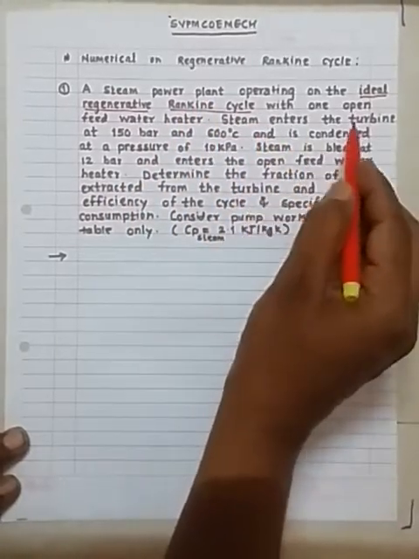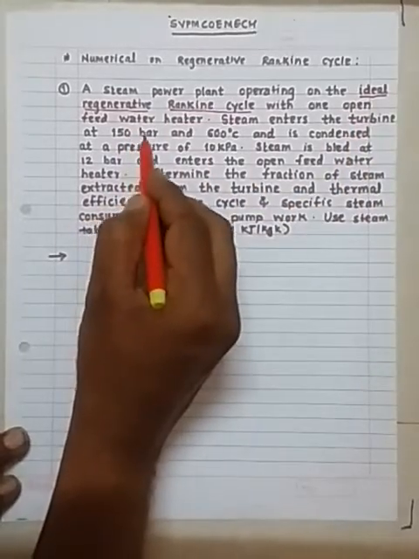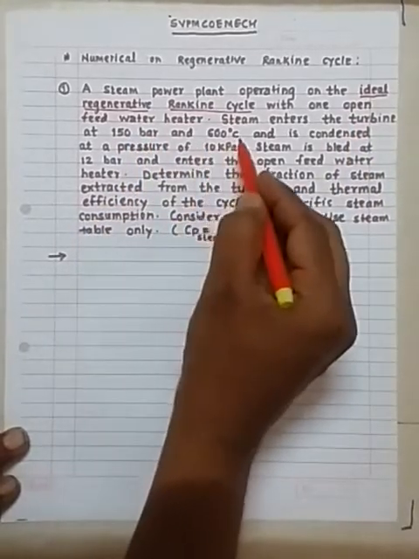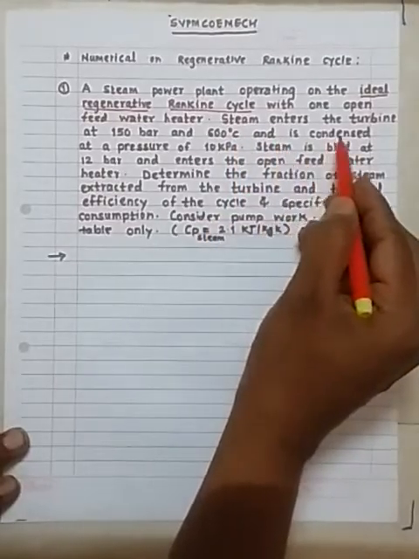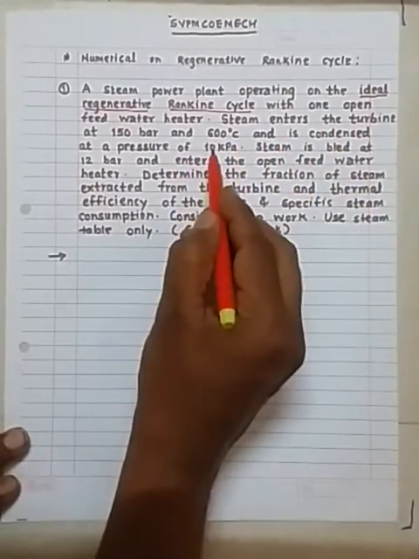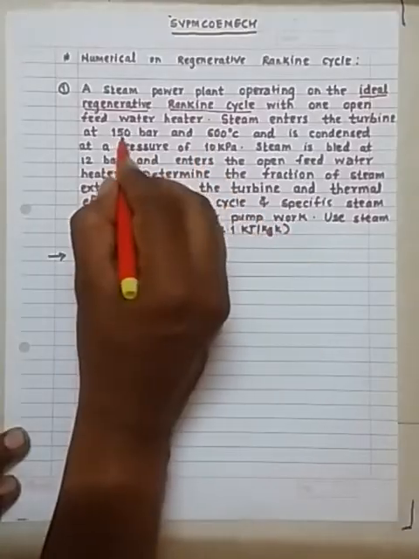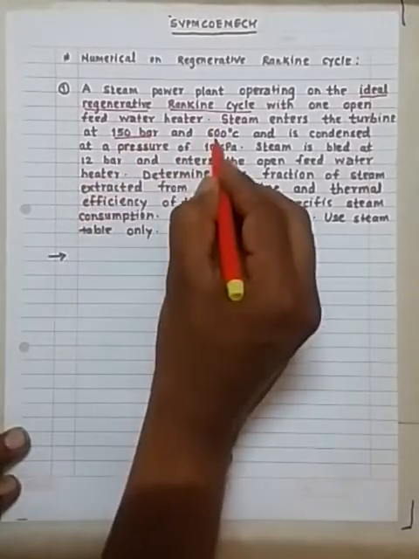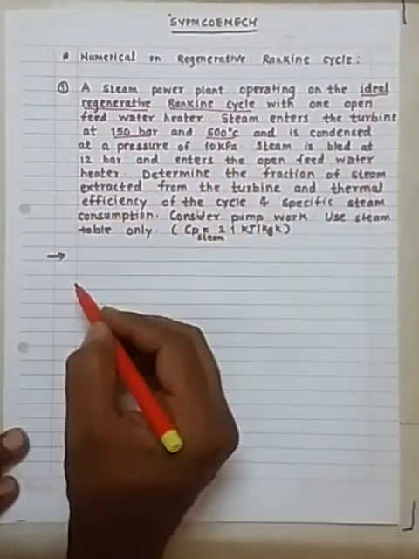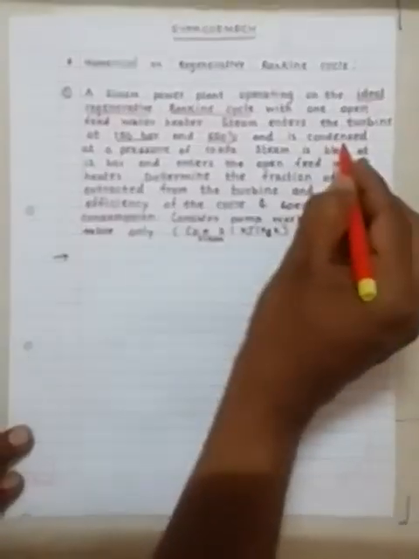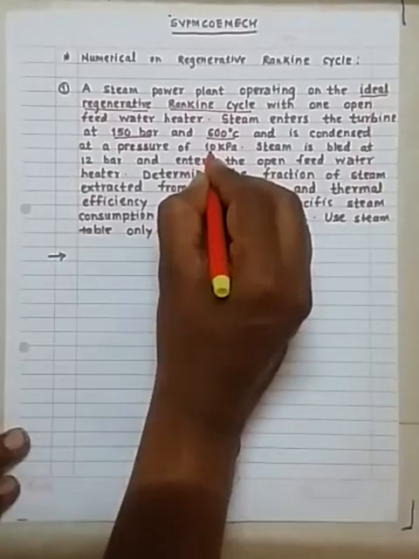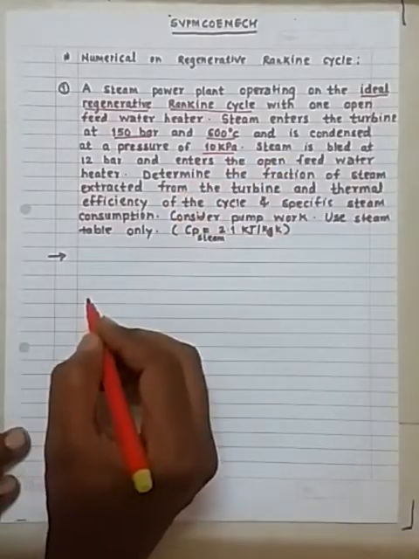Steam enters the turbine at 150 bar and 600 degree centigrade temperature and is condensed at a pressure of 10 kilopascal. So initially steam pressure is 150 bar and steam temperature is 600 degree centigrade, and then it gets condensed at a pressure of 10 kPa.